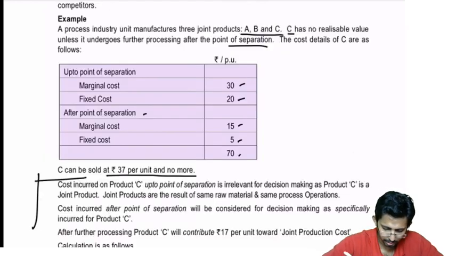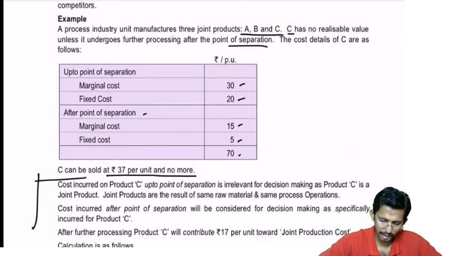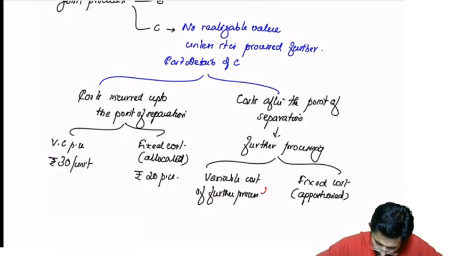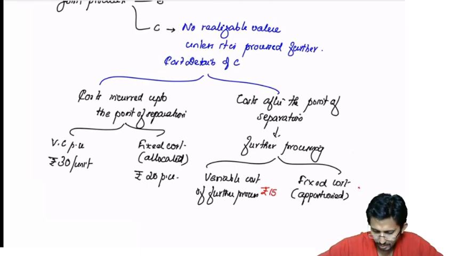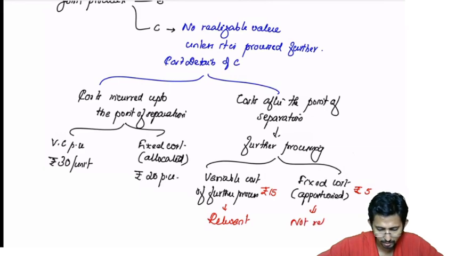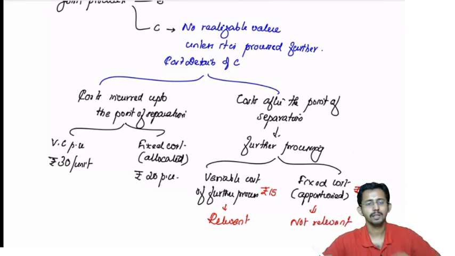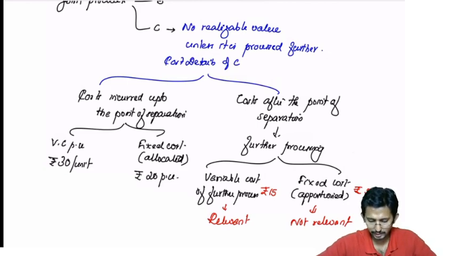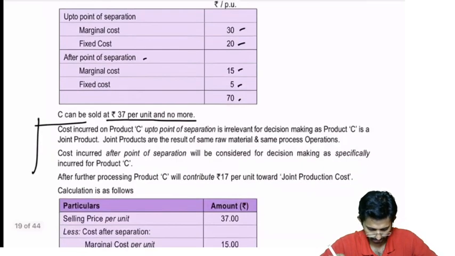The variable cost is given to be 15 and the fixed cost is 5. The variable cost is relevant and the fixed cost is not relevant, because this is only a portion of fixed cost. The variable cost is relevant because it is to be incurred if you want to do the further processing. Now let's see what is given in the question.